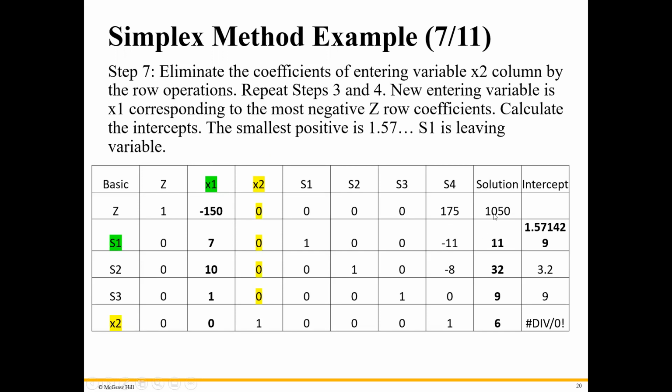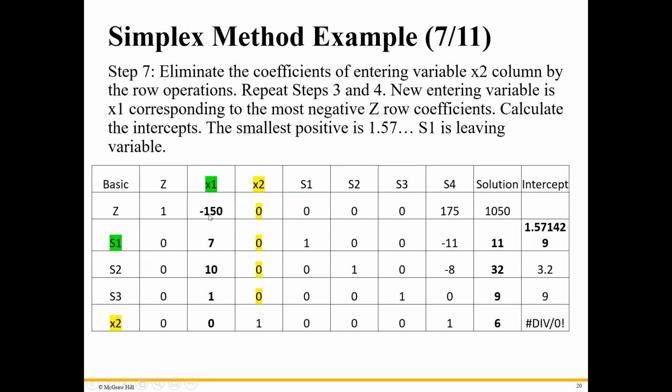After doing this, we again look at the first row. In this first row, we have minus 150 as the only negative value. We will perform these operations until all the values in this Z row become positive.